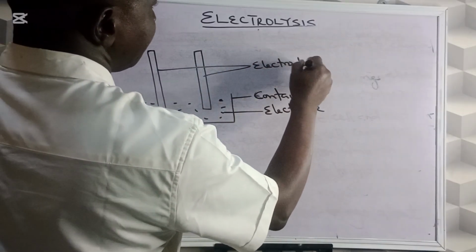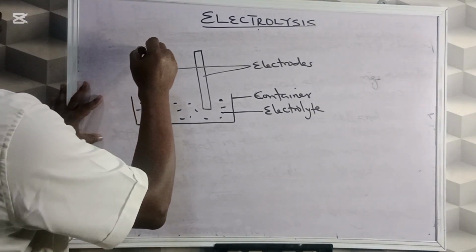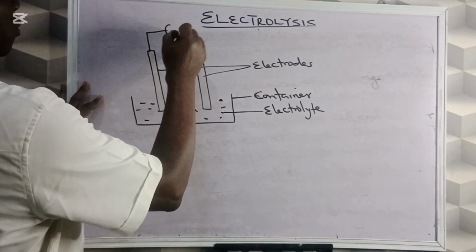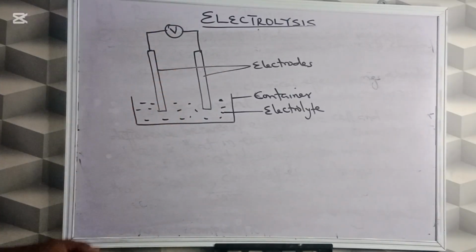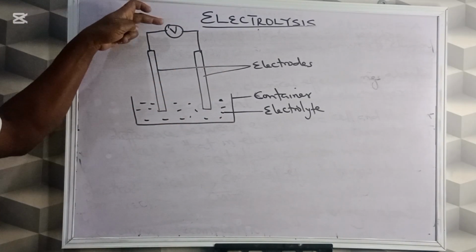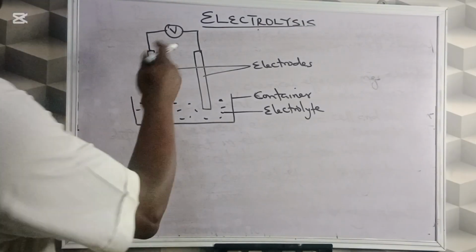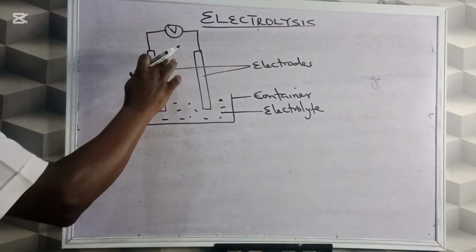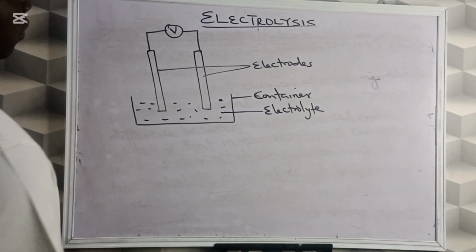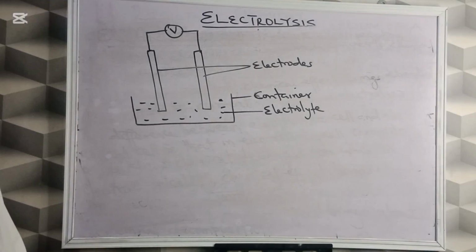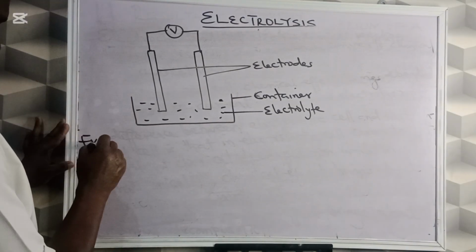Then here you have your voltmeter. Here there will be production of current, unlike the one where the current will be used to decompose the electrolyte. But here we are measuring; this one is producing current. So this is the diagram of an electrochemical cell.